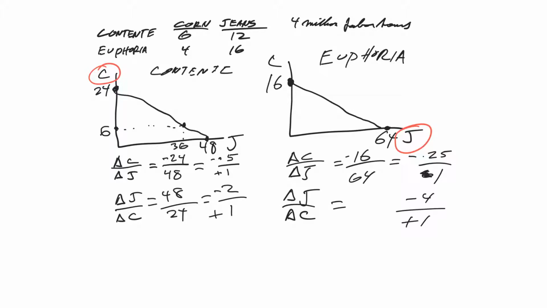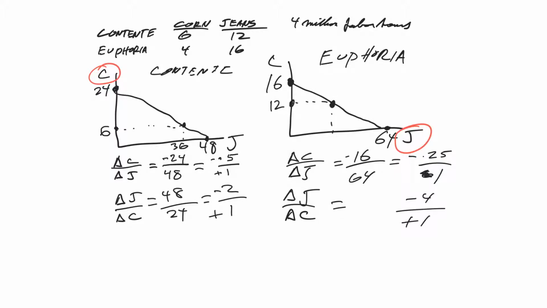Euphoria, where are they currently producing? It says that they're using 3 million hours on corn. Well, Euphoria can do 4 corn per hour. They're using 3 million hours, so 3 times 4 is 12. Whoops, that's where I meant to put the dot.